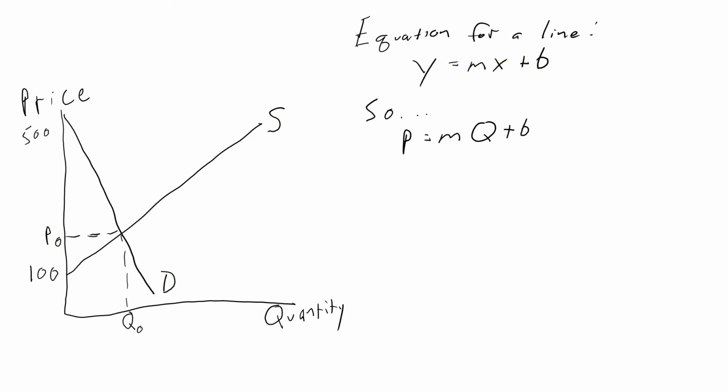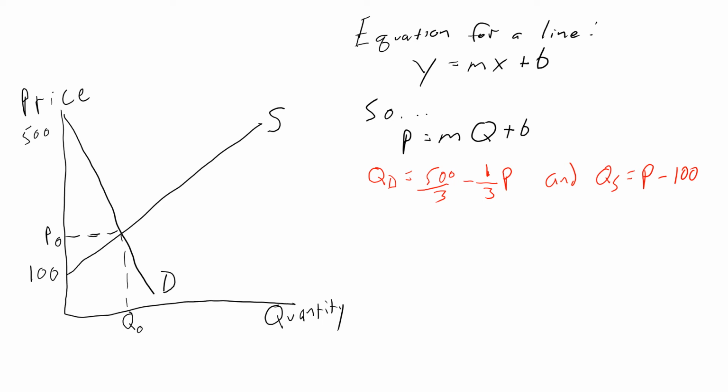So instead of being given the equations that we had on the previous slide, you may be given equations that look like QD is equal to 500 over 3 minus 1/3 P, and QS is equal to P minus 100.